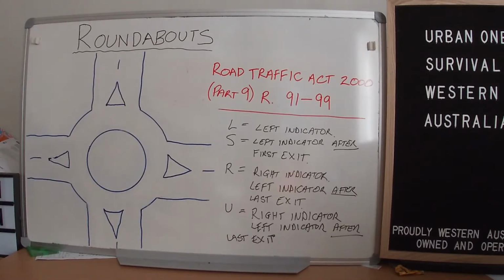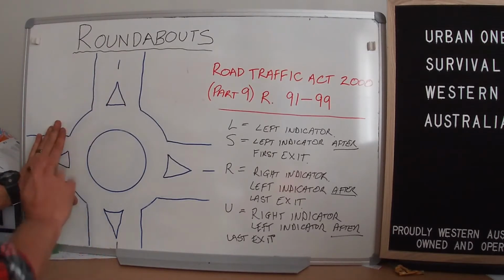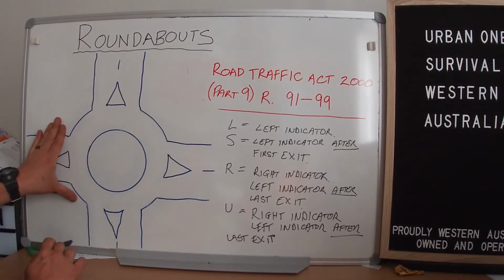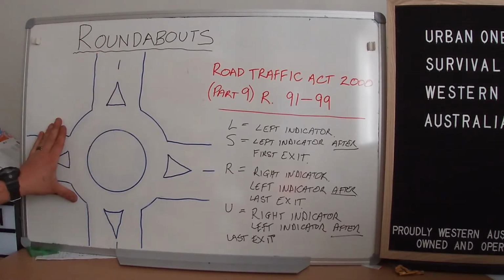Now, if it was just a three-way roundabout, the principle is exactly the same. If you're heading straight, it'd be straight ahead, your left indicator approximately halfway through the roundabout, and you go straight.